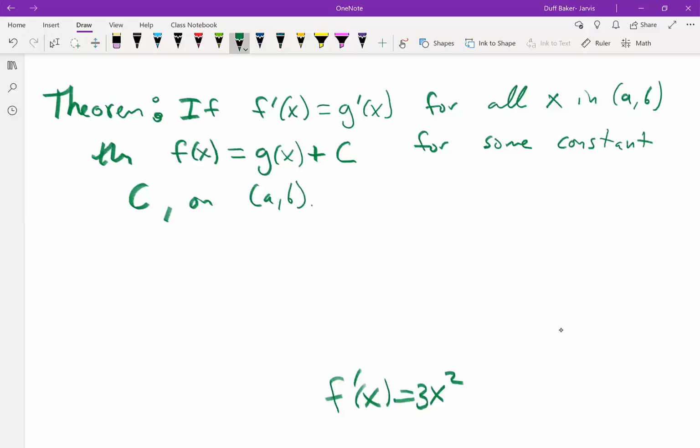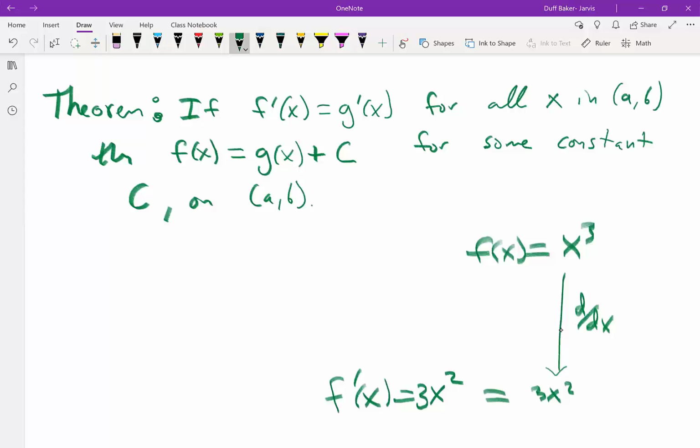Well, we could start guessing what the original function is. So we might guess what f of x itself is. And if we try x cubed, we would see that if we take the derivative, this would become 3x squared.